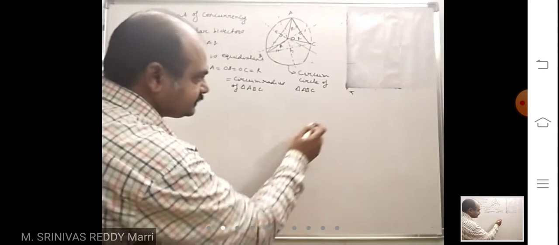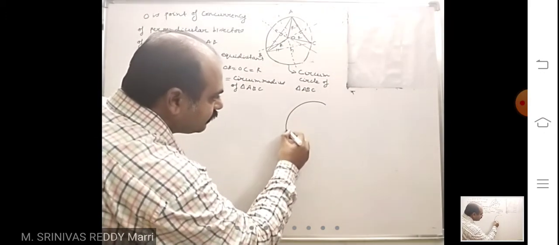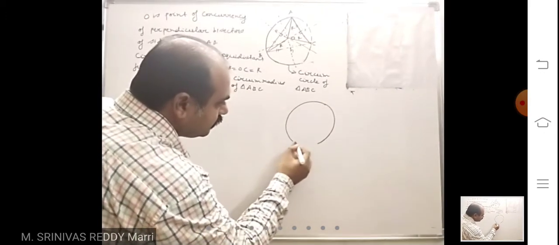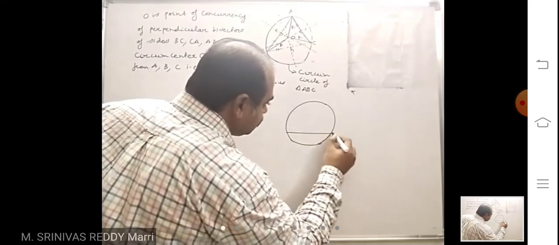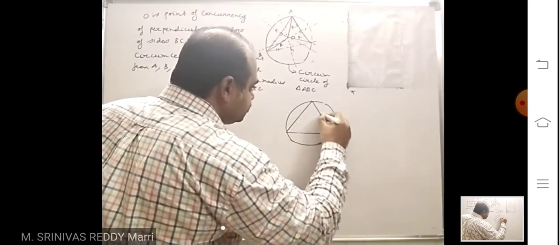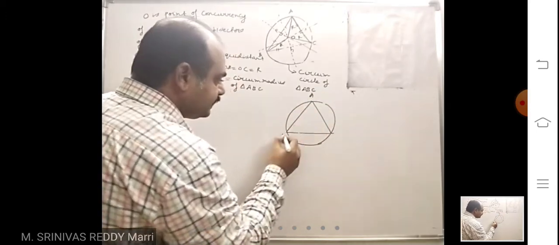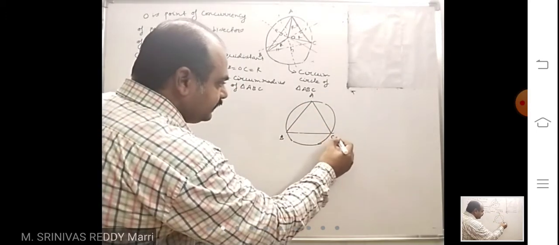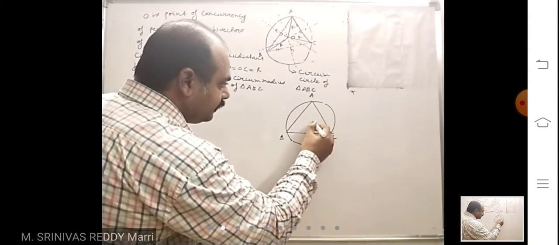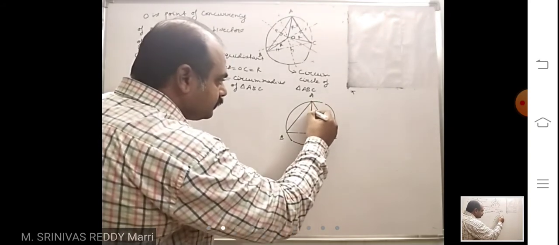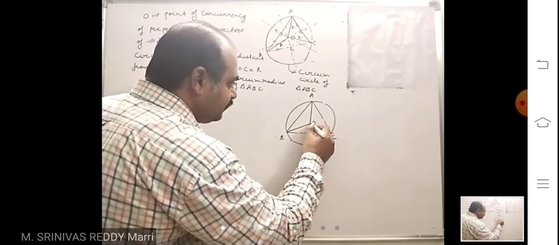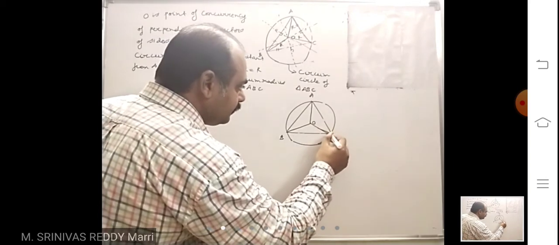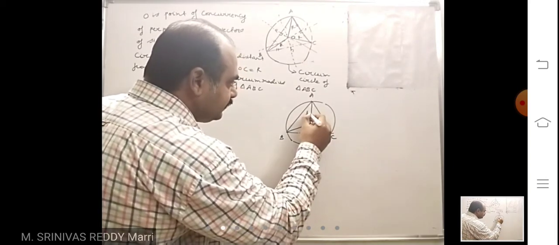Look at it like this. I am drawing again. This is the circle. This is the triangle. This is the circumcircle. This is the center of the circle. This is the radius. OA equal to OB equal to OC.